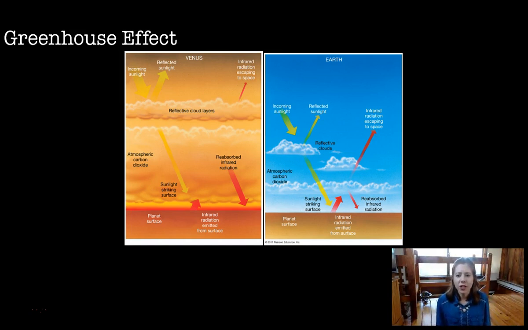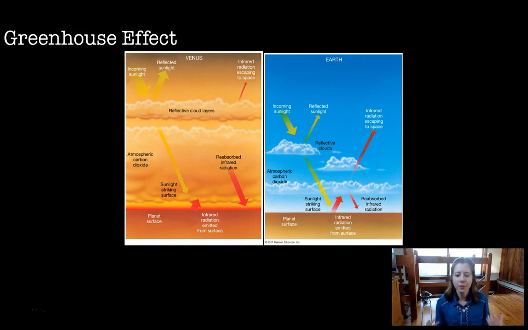we can look at the energy budget in a very similar way here. We have incoming shortwave radiation coming in, and in Earth's case, only about 30% is reflected back off clouds, whereas the 70% comes in, interacts with Earth's surface, warms it up, the planet emits longwave radiation in the infrared range of the electromagnetic spectrum, and it is absorbed by greenhouse gases in Earth's atmosphere, so primarily carbon dioxide and water vapor, which is then re-emitted back down.